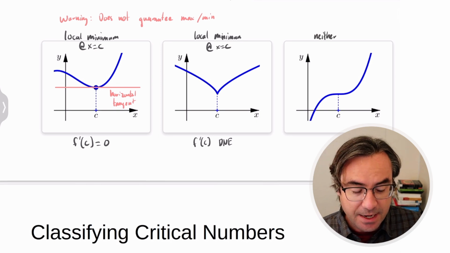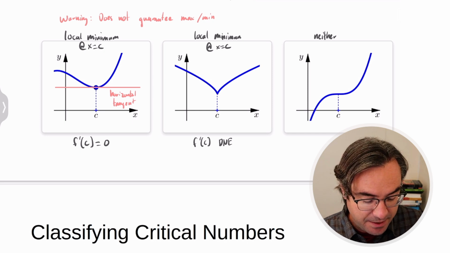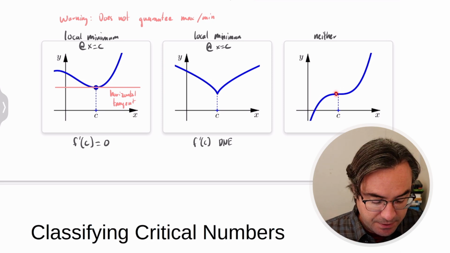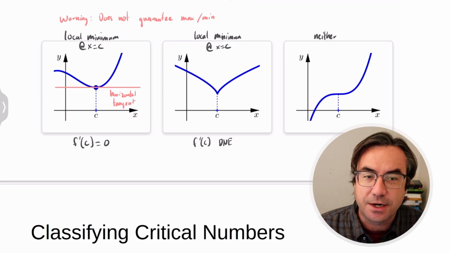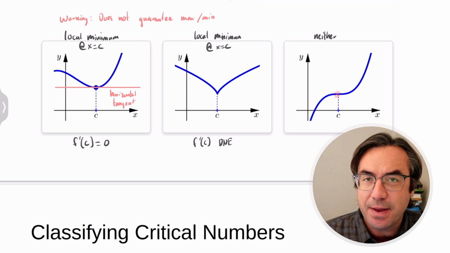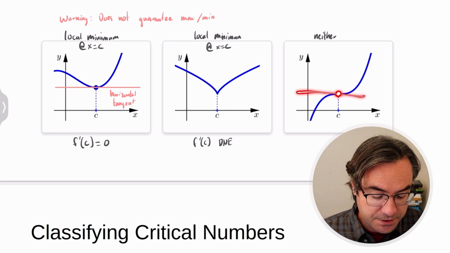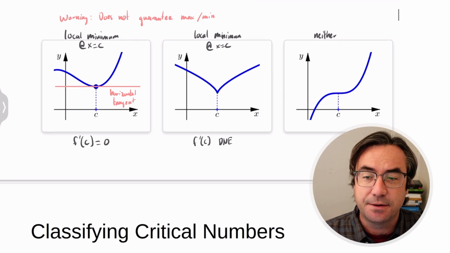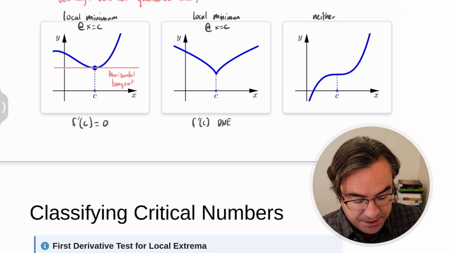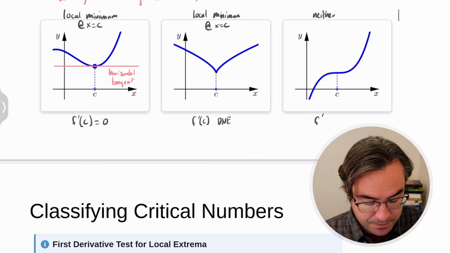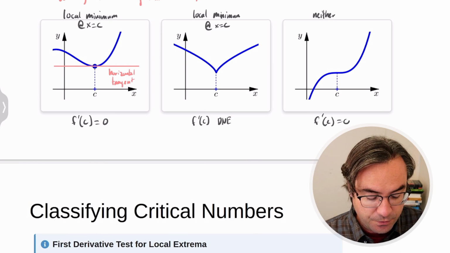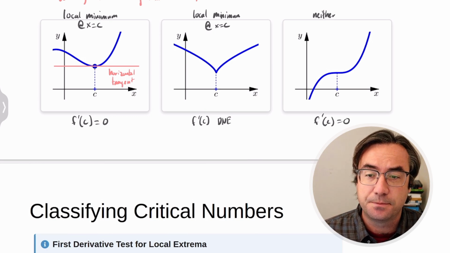It's not a minimum, because I can go uphill in one direction, but then I can go downhill in the other direction. So it's not really a max, it's not really a min. But in this case, we do have a horizontal tangent at x equals c. So this is a critical number because the derivative here is equal to 0.